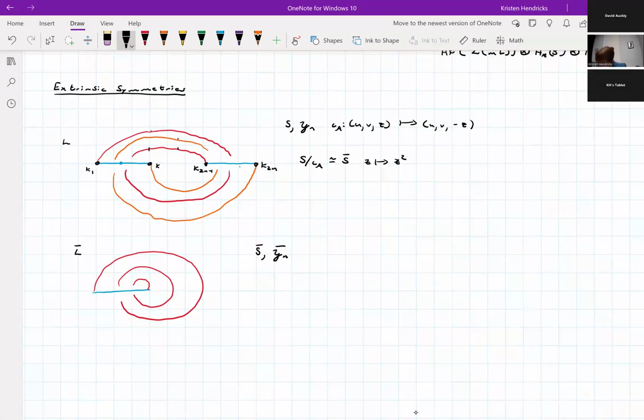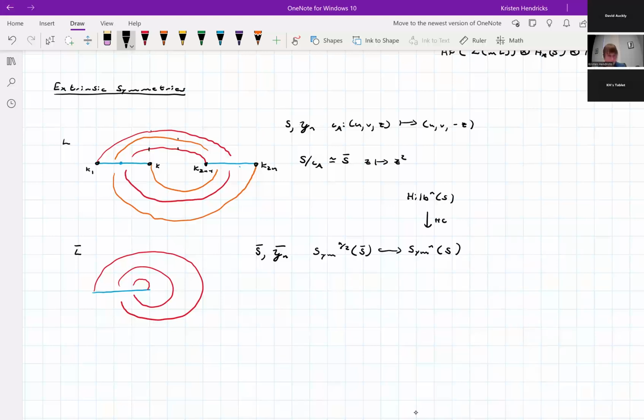And furthermore, if I'm looking in the n-fold Hilbert scheme of S, sitting over the n-fold symmetric product of S along the Hilbert-Chow morphism, inside the n-fold symmetric product of S, I have a way of including the n/2-fold symmetric product of S bar.